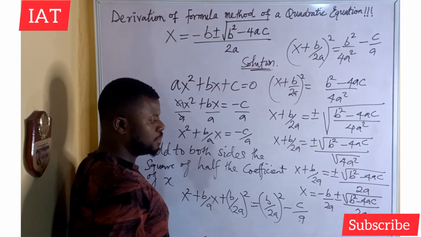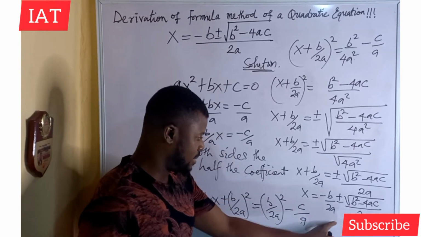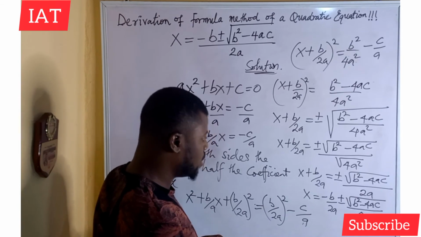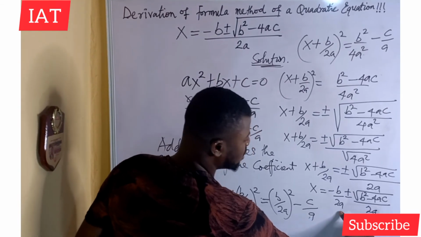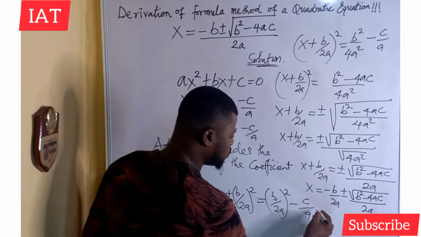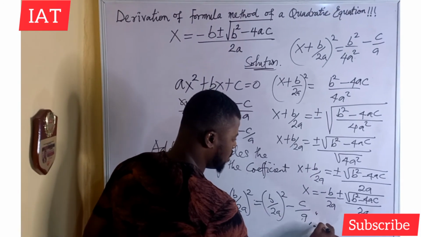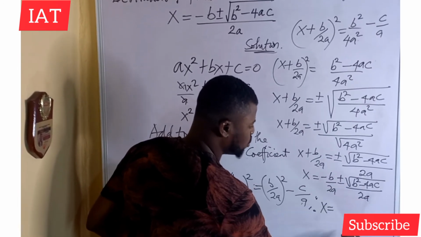Now I'm having 2a as the base, all right, the denominators rather. So in order for me to make this look like just a single denominator, therefore x will be equal to, the LCM of this denominator is what?